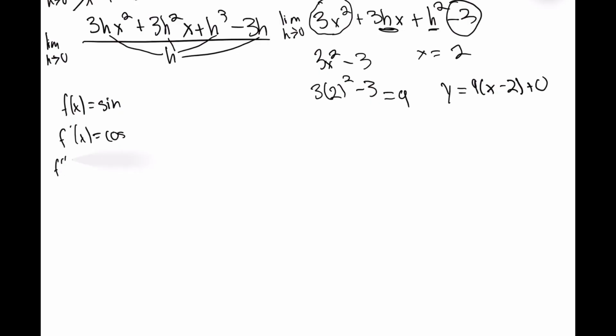And the derivative of cosine is negative sine. The derivative of negative sine is negative cosine, because the derivative of sine is cosine, and then the negative just carries over. Then the derivative of negative cosine will just be sine.